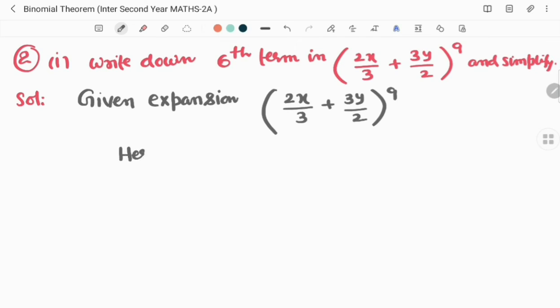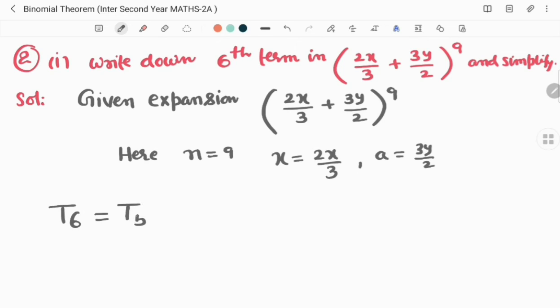Here n is equal to 9, x is equal to 2x/3 and a is equal to 3y/2. So they are asking to calculate the sixth term. So T6 we can write as T(5+1). If you compare with T(r+1), here r is equal to 5.